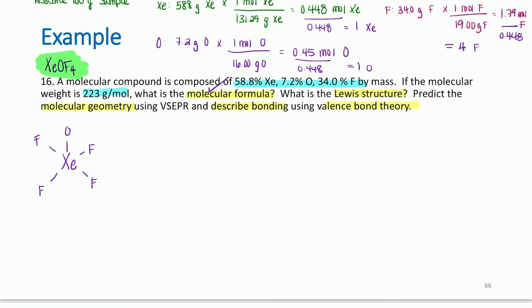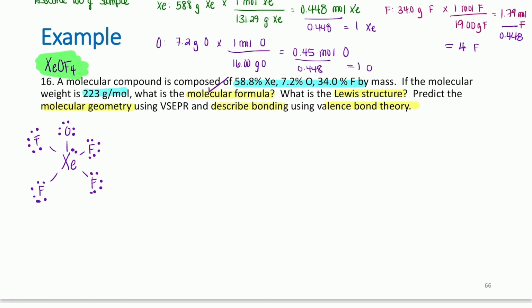If all your outer atoms have octets, I've used up 10 electrons so far. 12, 14, 16, 18, 20, 22, 24, 26, 28, 30, 32, 34, 36, 38, 40. Put your extra electrons on your central atom. 42. I've used up all my electrons now.